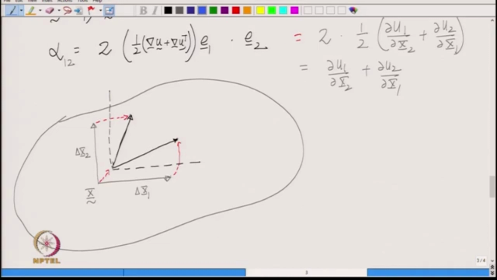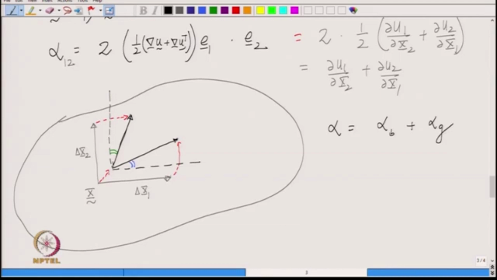It is due to the blue angle here and the green angle here. The two angles together give me alpha, the total change in angle. So, alpha has two contributions, alpha blue plus alpha green.